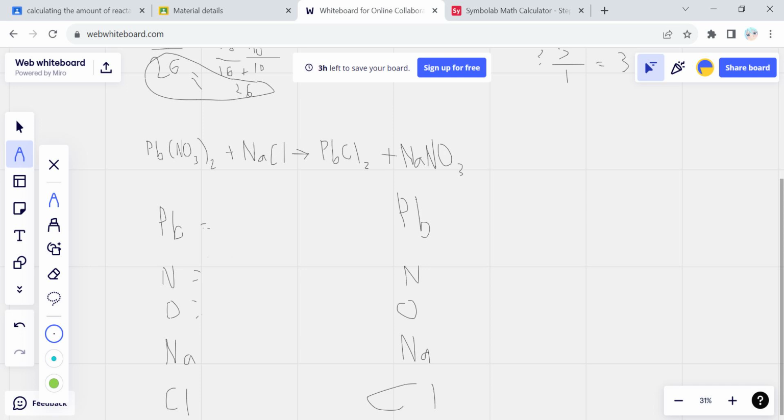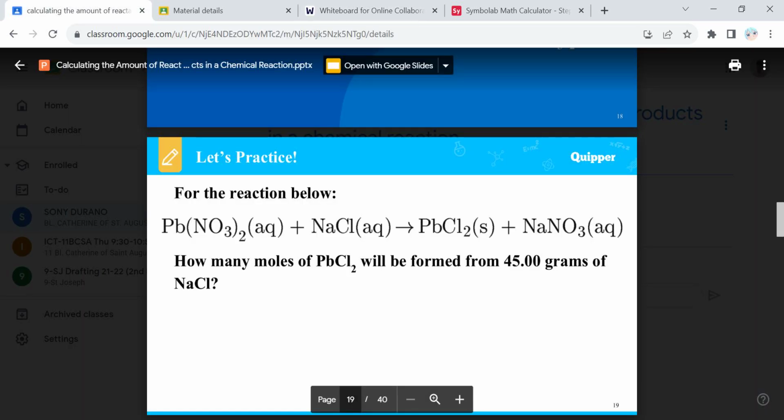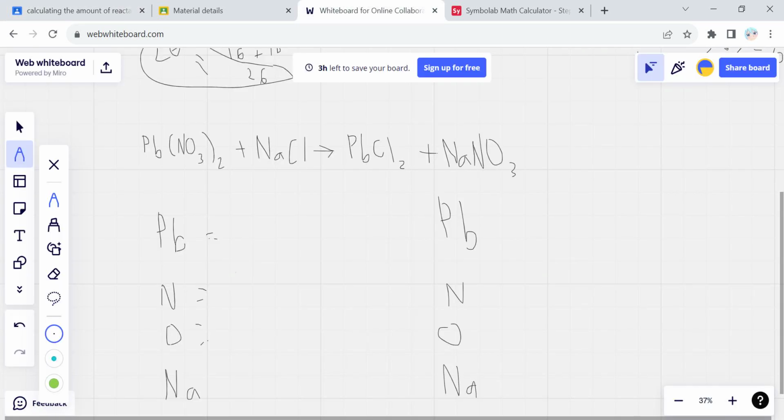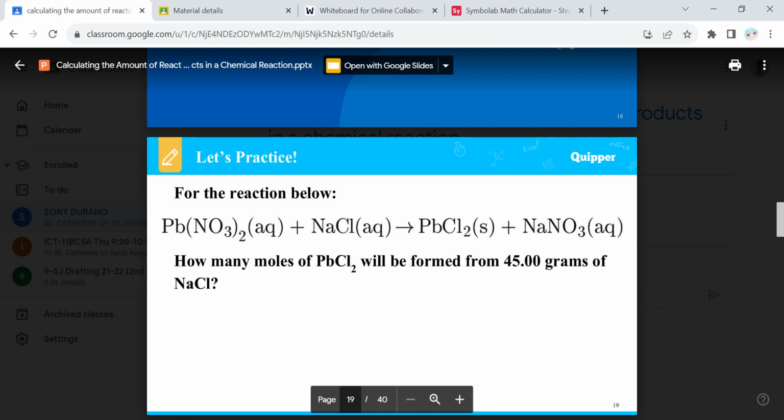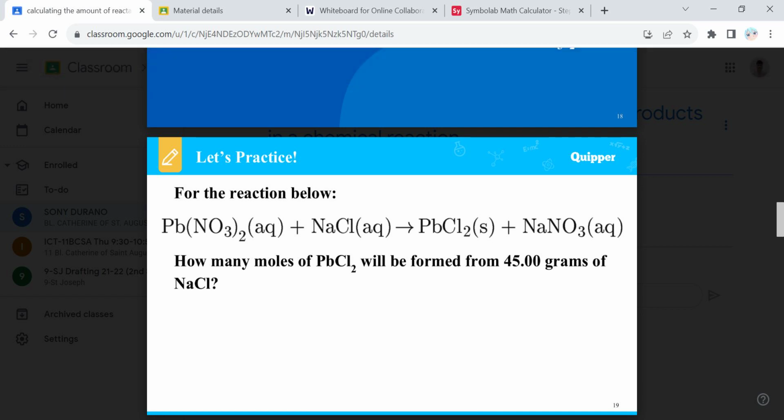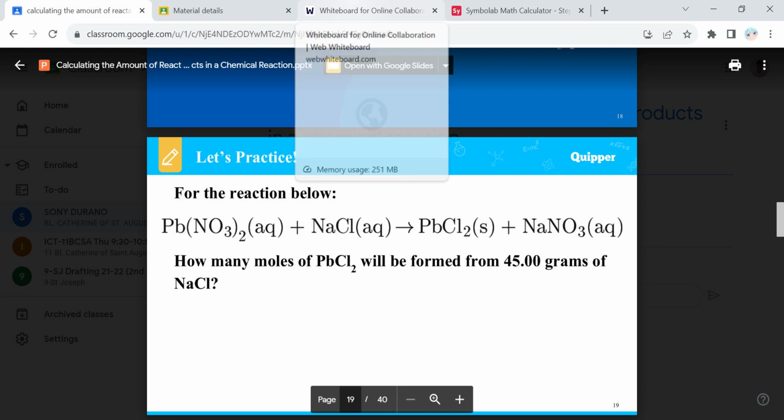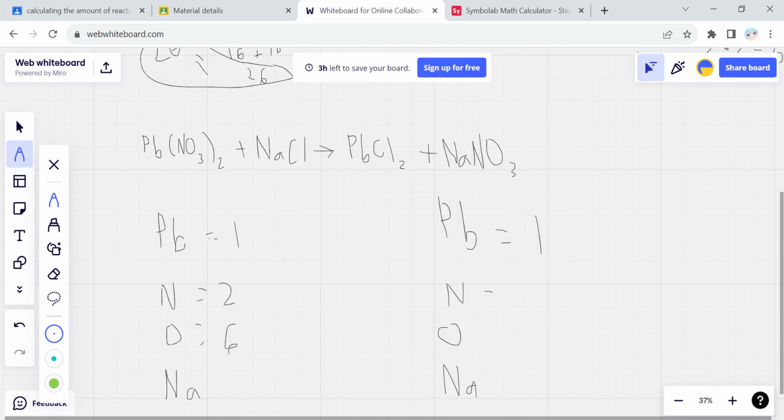Let's balance this. Our Pb is 1, same here, it's 1 here. Our nitrogen is 2, our oxygen is 6. Our nitrogen here is 1, our oxygen, however, is 3.